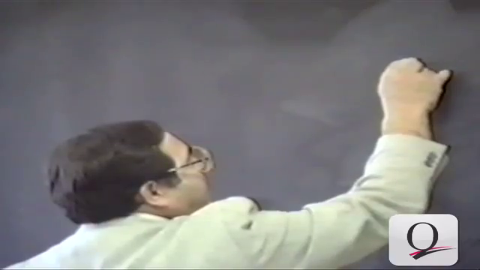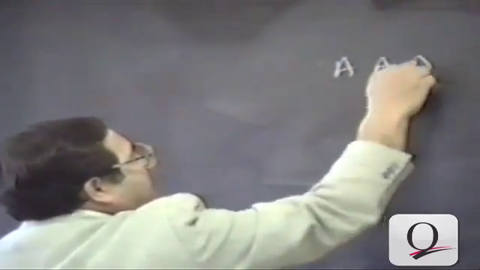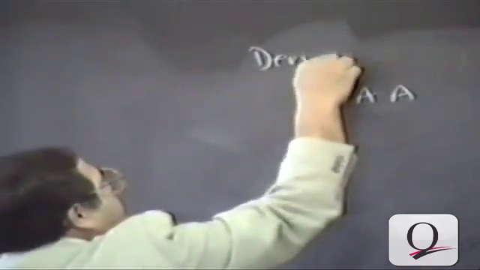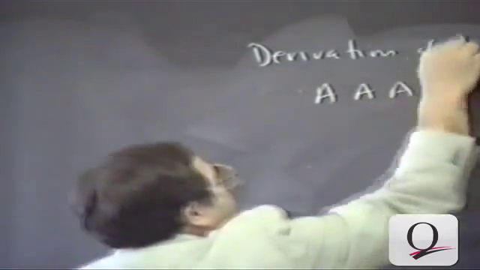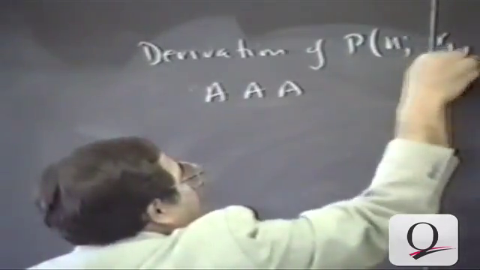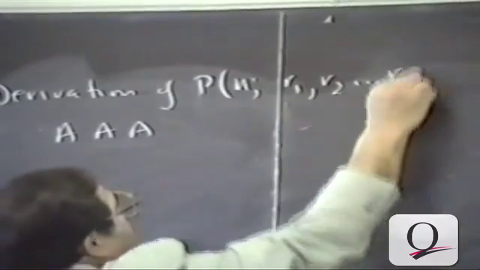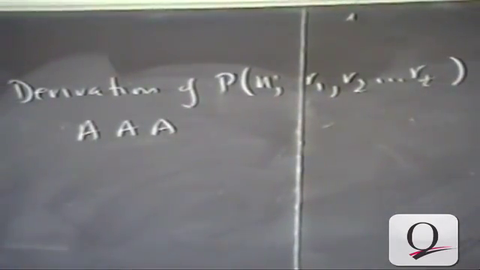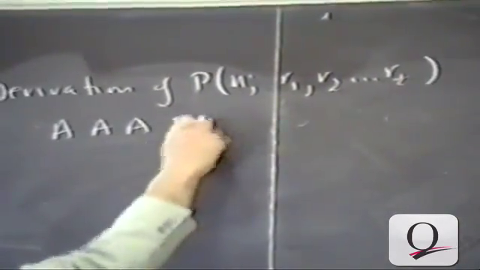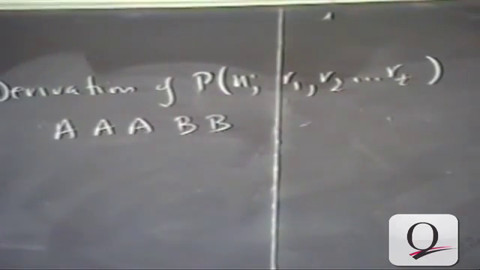Okay, again, let's take a couple of cases with numbers, and then we'll go to the general case. Suppose I had 3 A's and 2 B's to permute.